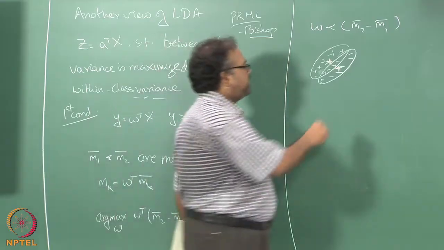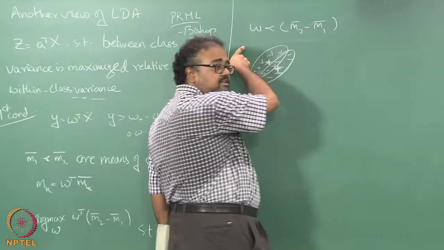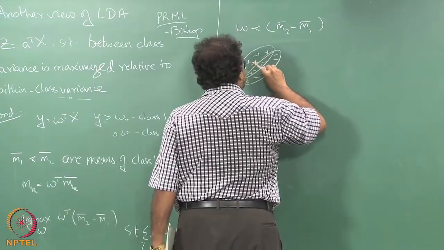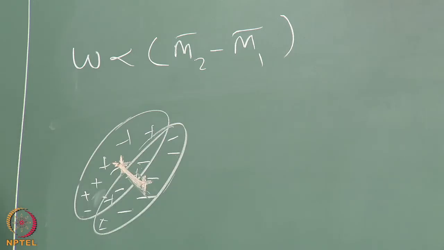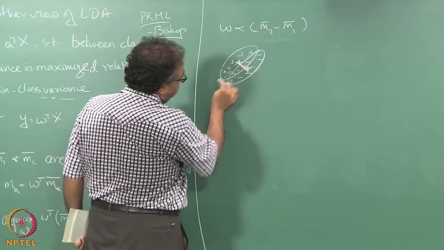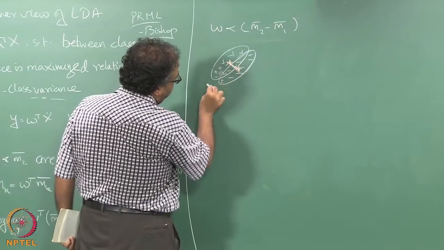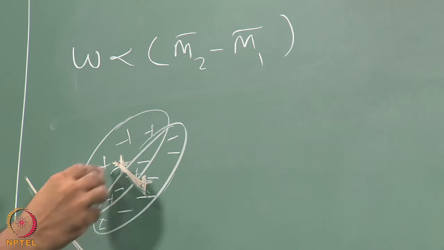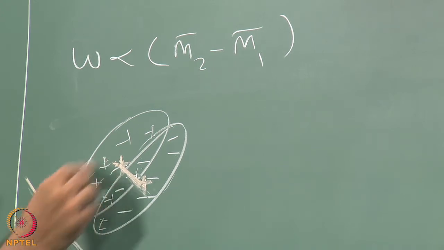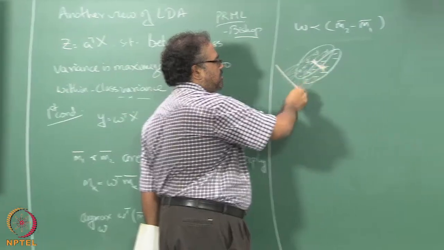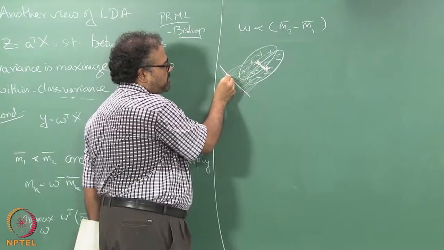So what this tells us is that you join these by a straight line, okay, and essentially you take a direction like this and project all the data points to that, right. So you will get all the data points lying here.